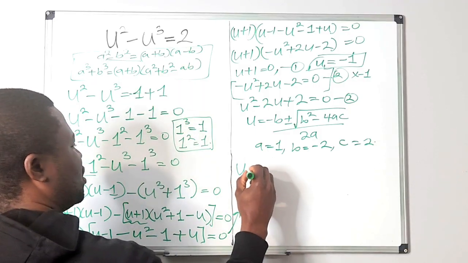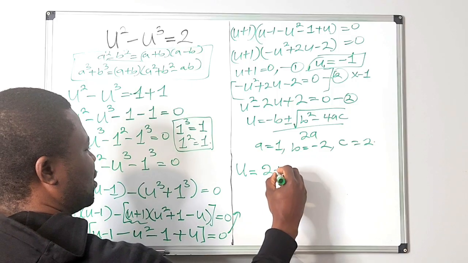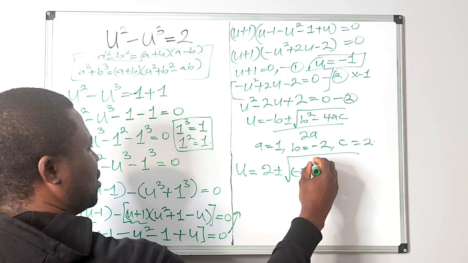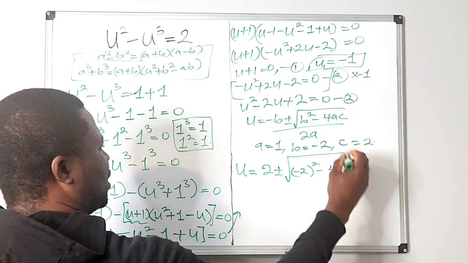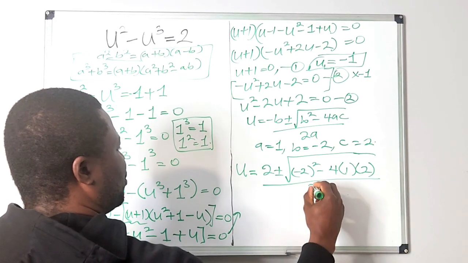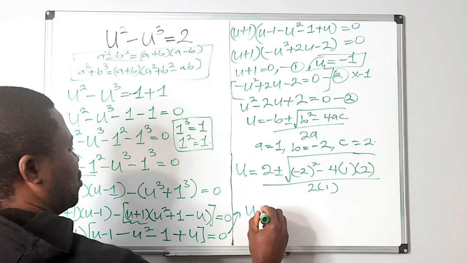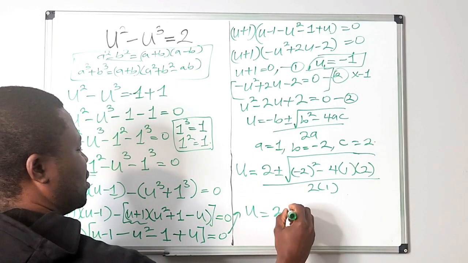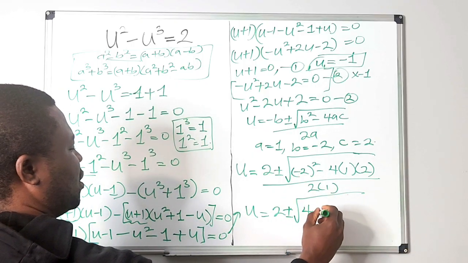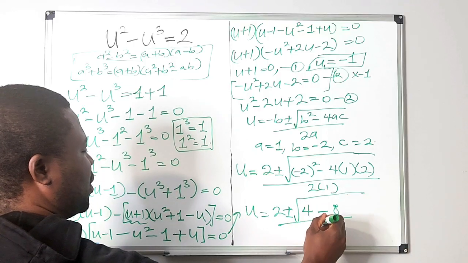So we have that u is equal to minus times minus will give us plus, so we have 2 plus or minus root of our b, minus 2 squared, minus 4 times 1 times our c, which is 2. And we're dividing all through by 2 times 1. So this becomes u equals 2 plus or minus the root of minus 2 squared is 4 minus 4 times 2 is 8. 2 times 1 is 2.